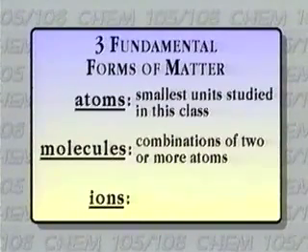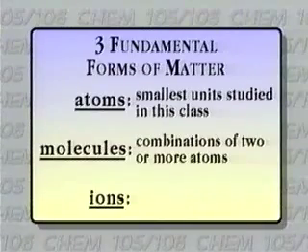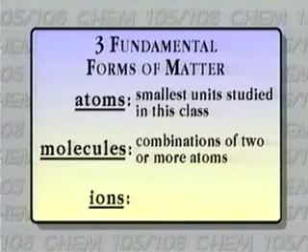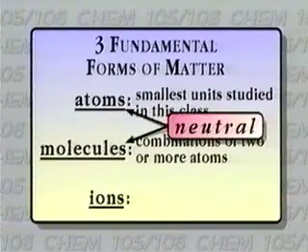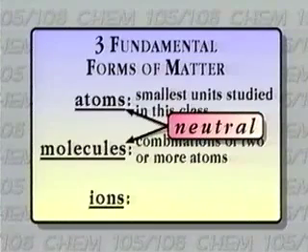And finally, the third way that we can find matter is in the form of what we call ions. The first two forms of matter here, atoms and molecules, are neutral. In other words, they do not have a charge associated with them.